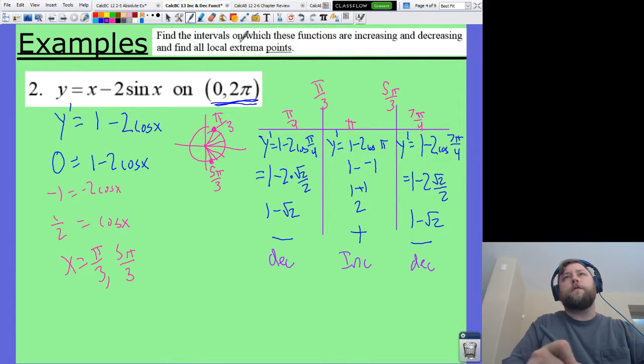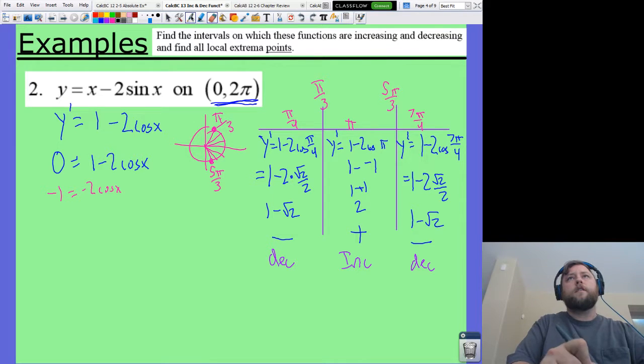Okay, so the first question is where the intervals are where it's increasing and decreasing. I'm going to put some work over here. I'm going to say it's increasing on these intervals. Not negative infinity, because it's going from 0 to pi over 3. And it's also increasing, or not increasing, this is where it's decreasing.